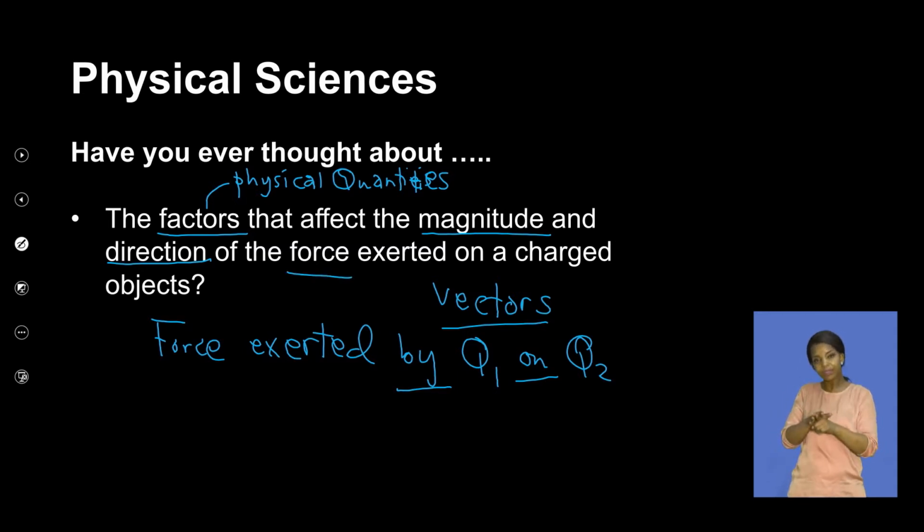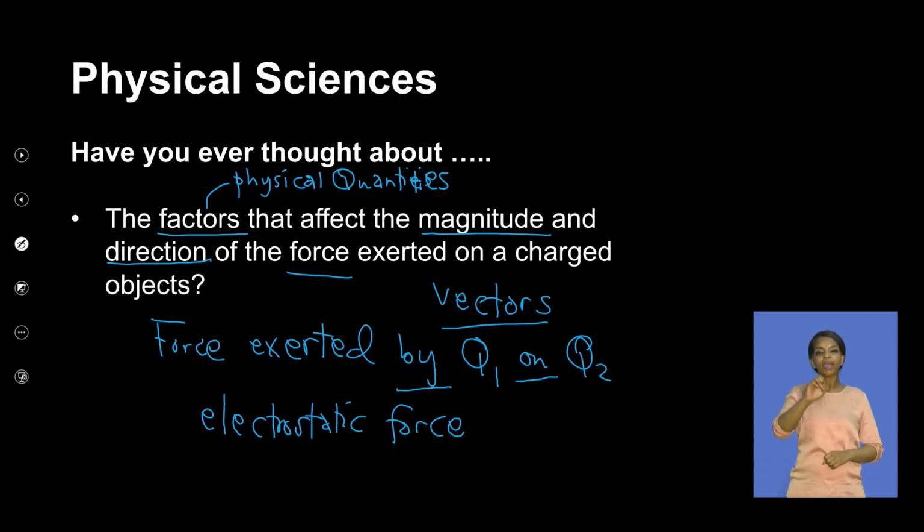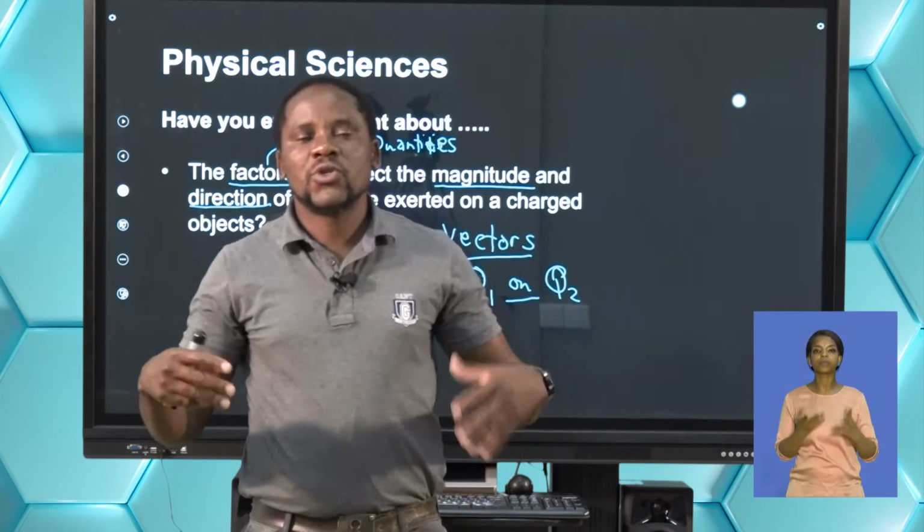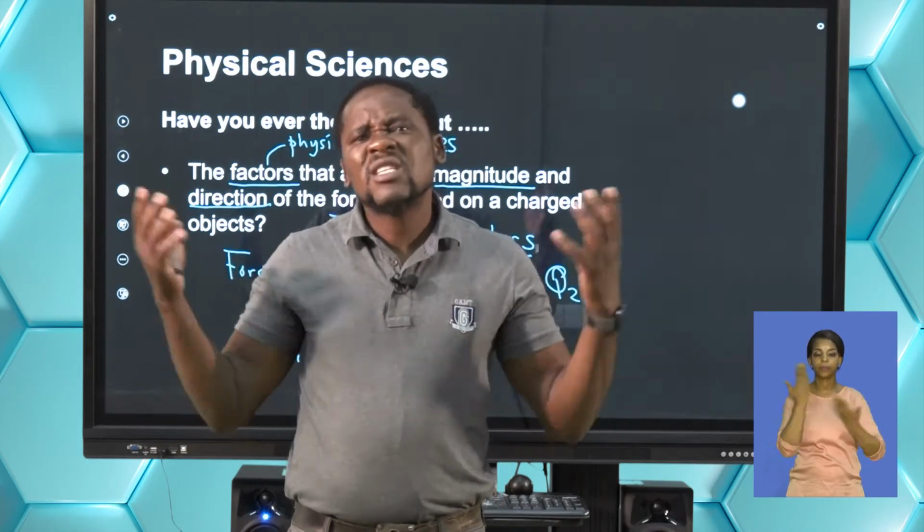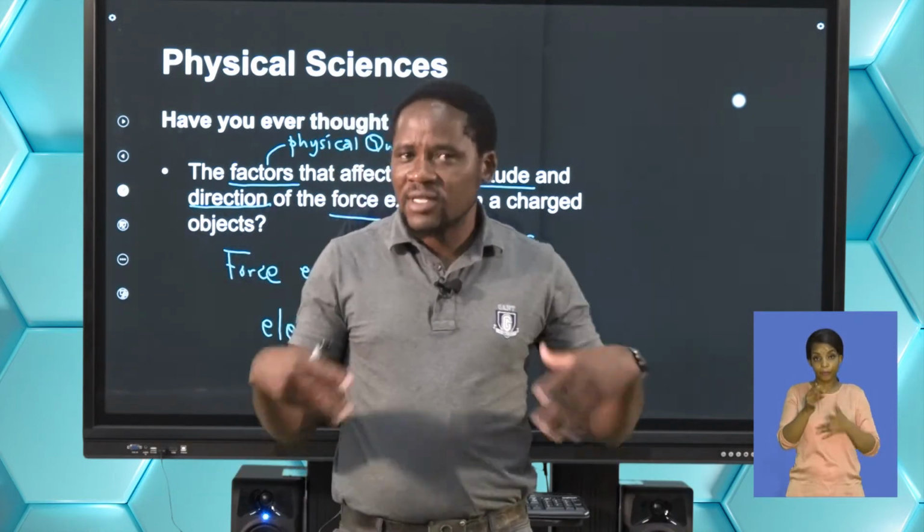Now, what kind of force are we talking about here? We're talking about the electrostatic force. What's so important about the electrostatic force is that it is a non-contact force. As an example, a magnetic force is a non-contact force.